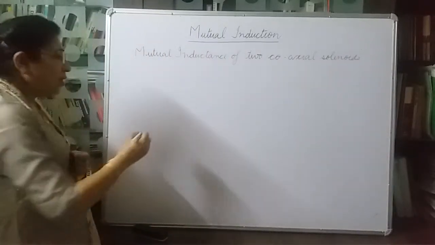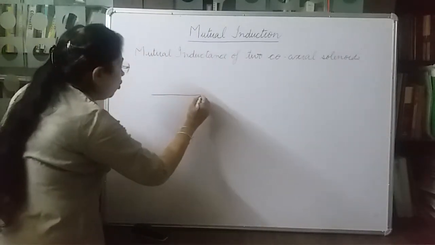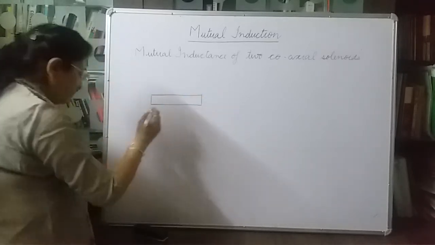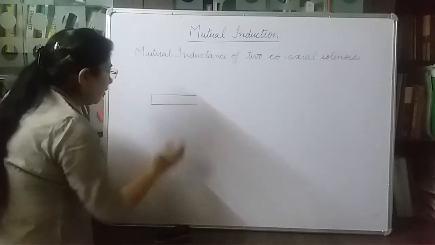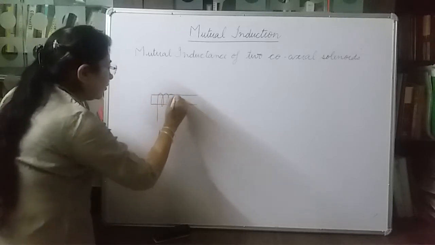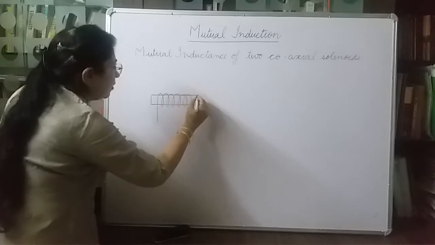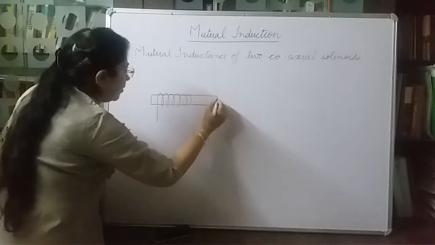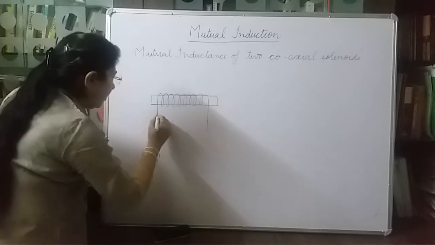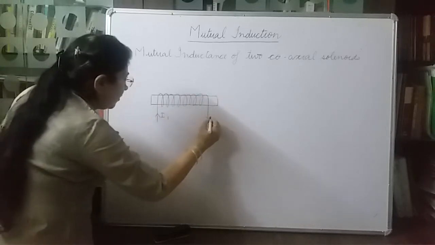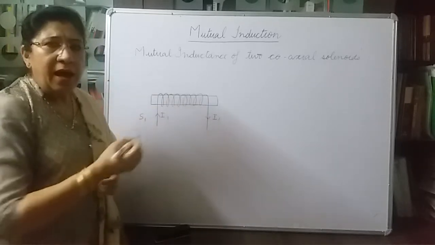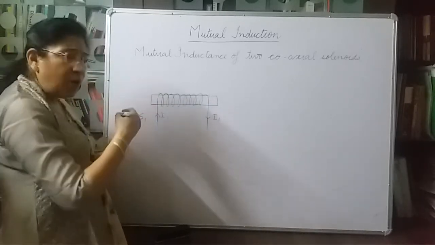Let us take two solenoids over some core. Wind two solenoids. Say this is solenoid 1 and over this we wind another coil.